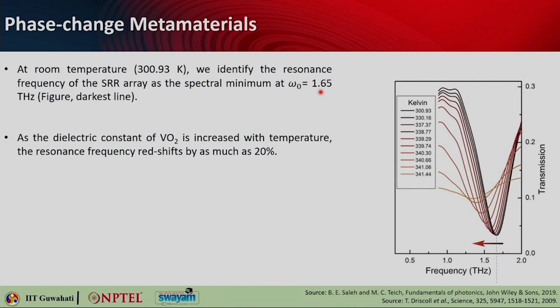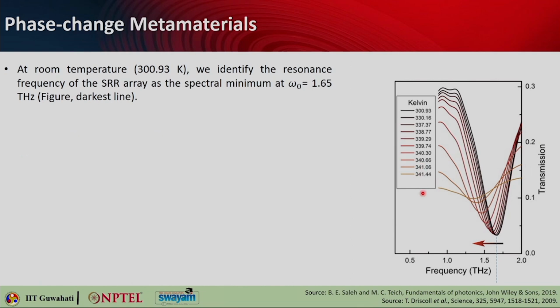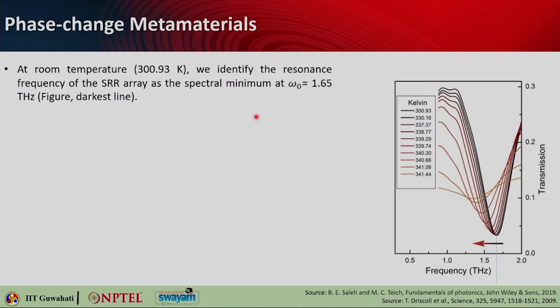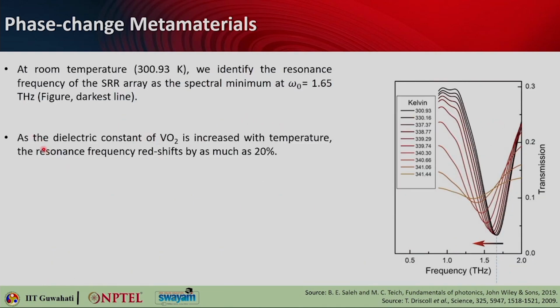The resonance is around 1.65 terahertz, and as you keep on increasing the temperature of the VO2, you are moving along the heating line and you see the resonance frequency is reducing. As the dielectric constant of the VO2 increases with temperature, the resonance frequency redshifts.